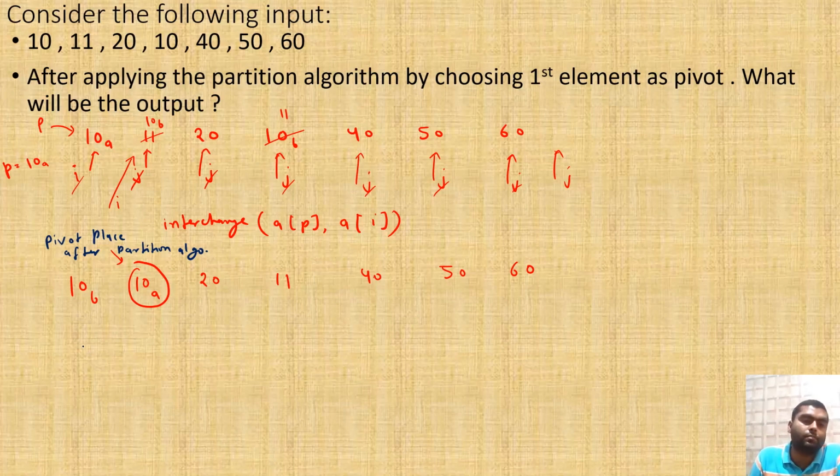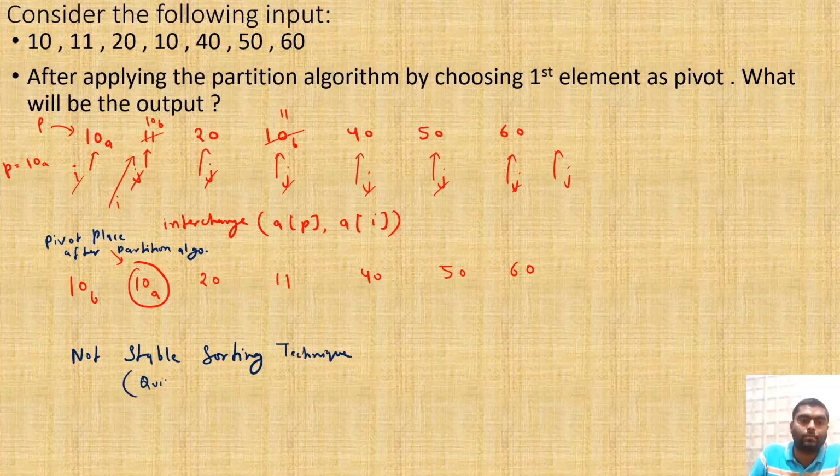What I just want to convey here is that the order of the repeated elements has changed. Previously, before sorting, 10a came first and 10b came later, but after this sorting technique the order changed. So this is not a stable sorting technique.